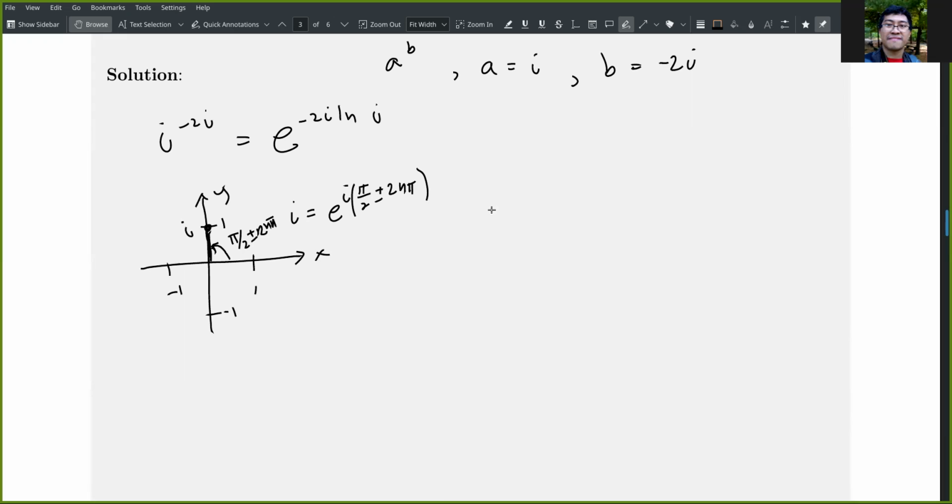Okay, so ln of i is equal to capital letter Ln of the magnitude, which is 1, plus i theta, where theta is pi over 2 plus and minus 2n pi.